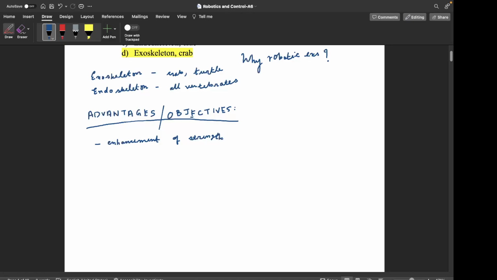Then there would be additional support or protection.